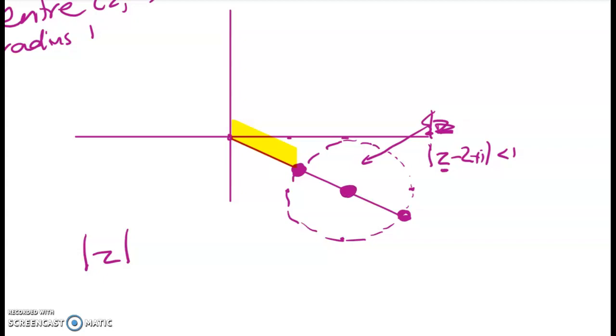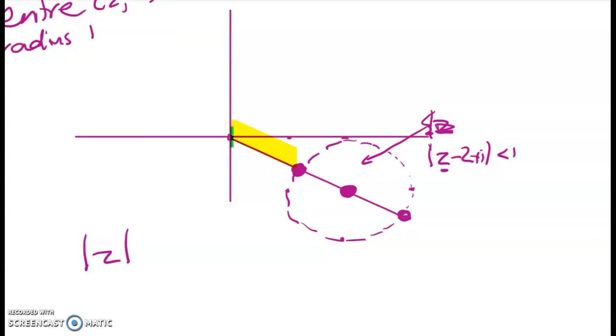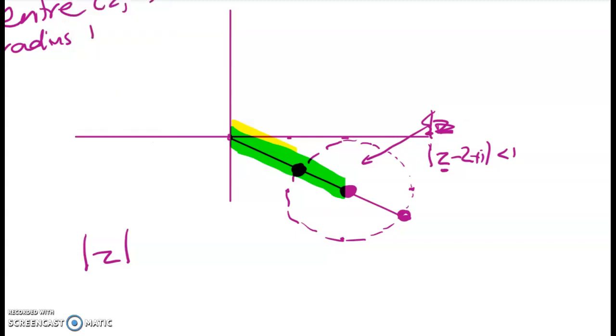And we know how long this is here, or we can find it using year 10 Pythagoras. So that's the first thing. And then we know that the radius has length 1. So to find how far it is from the origin to point A, all we have to do is find that total length and then take off 1.